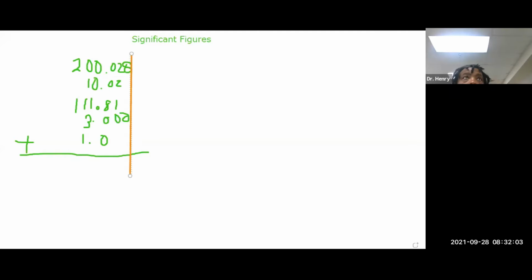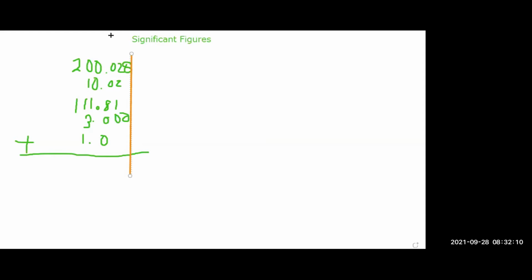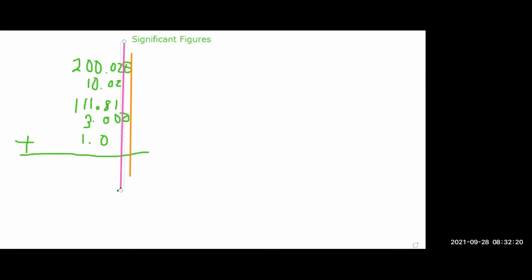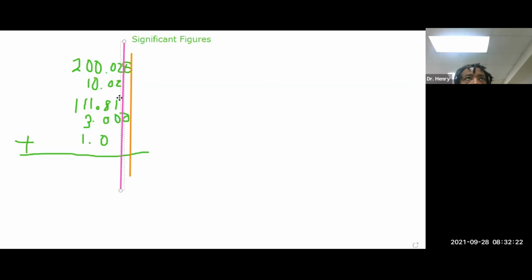Okay. What about the second number? After the 2. What about the third number? After the 1. So we're just going to keep that pink line drawn, same pink line.